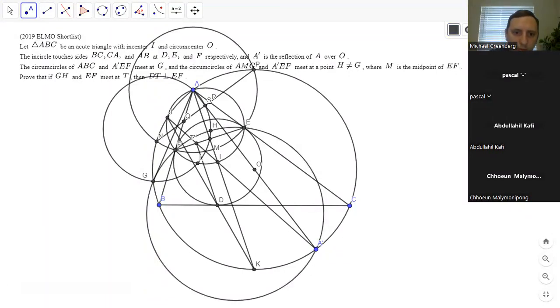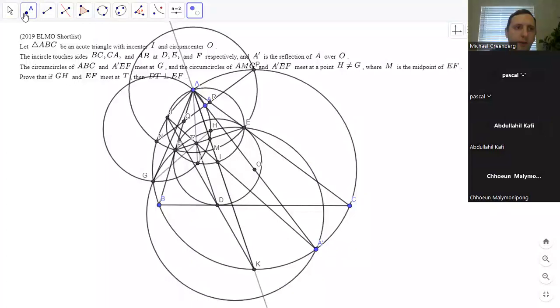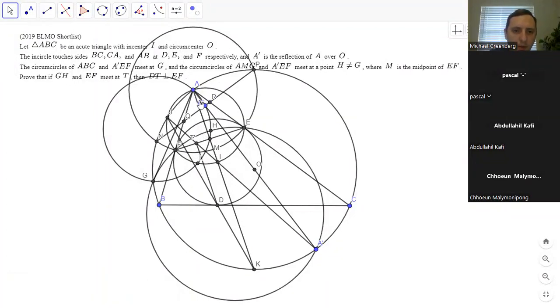Okay, so yeah, I think there's enough to solve this problem. It's just a matter of writing it out. Let's see.